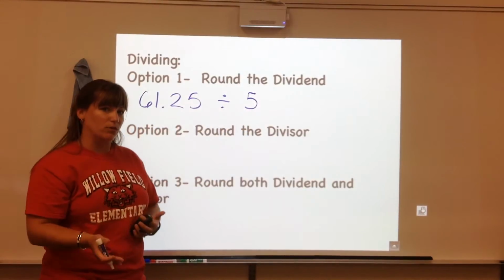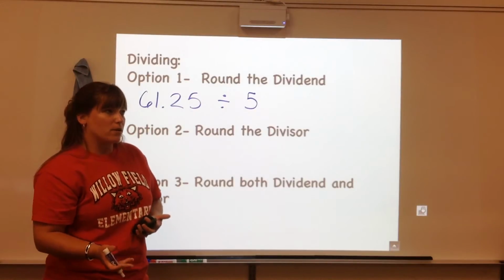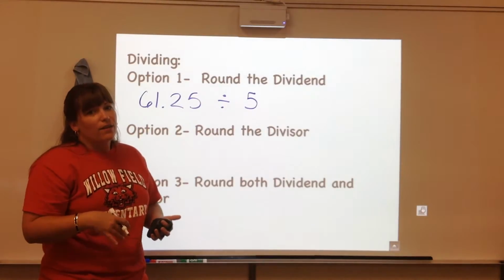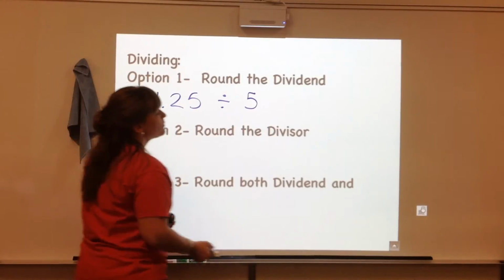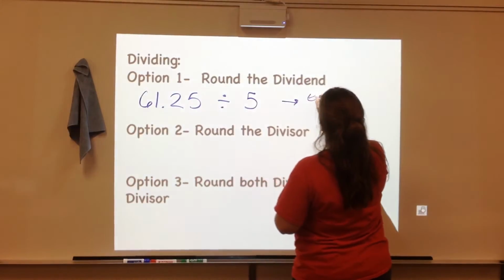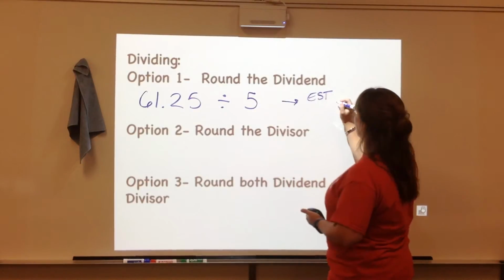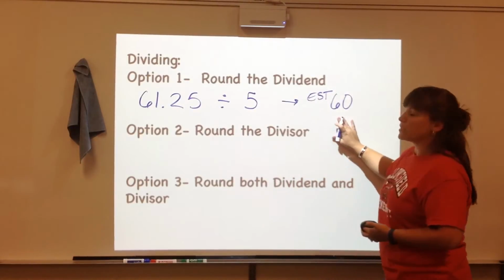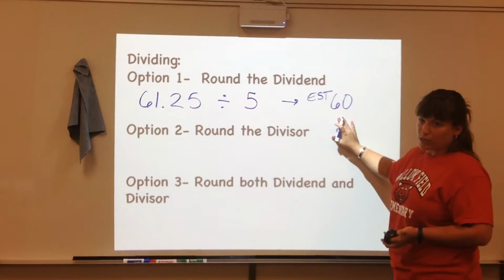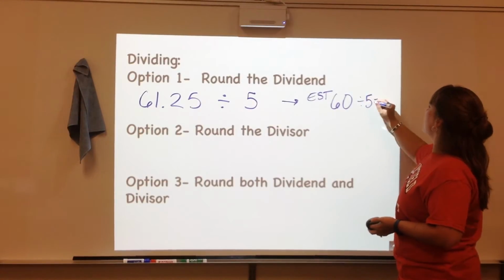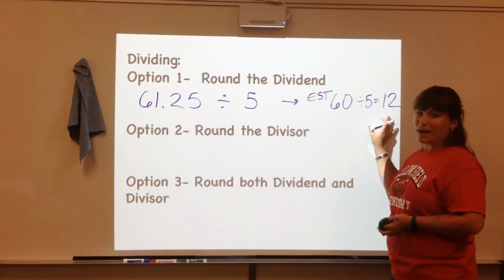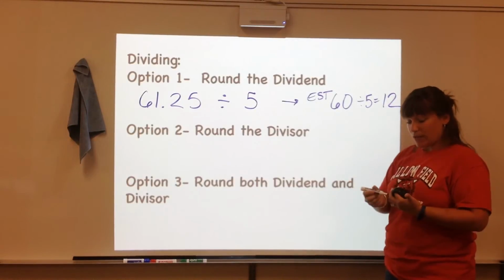That's where the compatible numbers come in. What number works with 5 when we're dividing that's close to 61? Well, for our estimate, I'm going to change 61 and 25 hundredths to 60. I'm going to keep the 5, and therefore my estimate's 12. So that's one option.